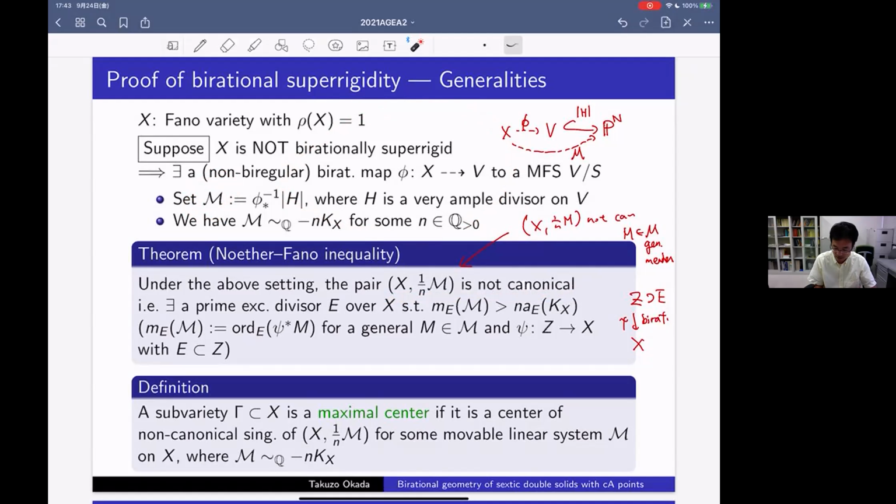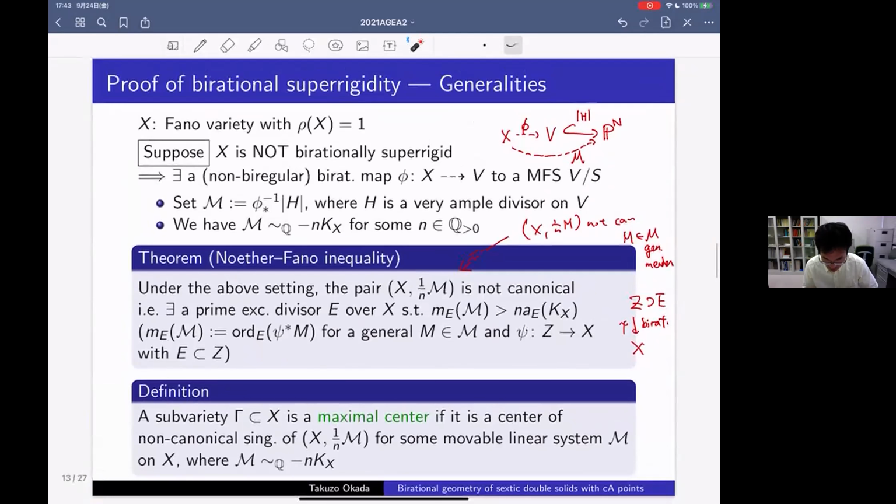So we have a non-canonical singularity, and so we have a maximal center. To prove birational superrigidity, we need to exclude the existence of a maximal center.